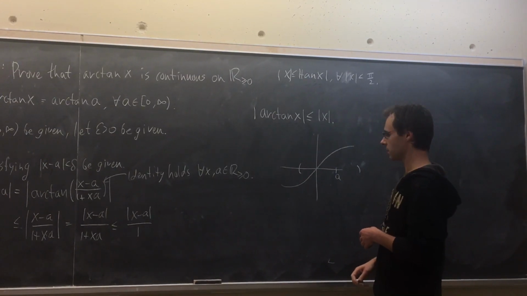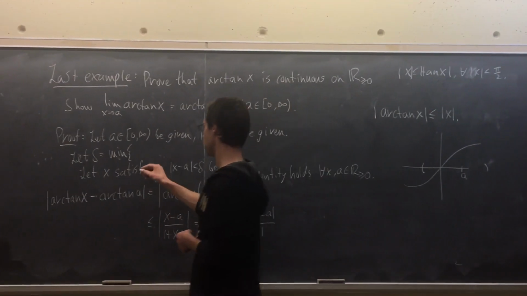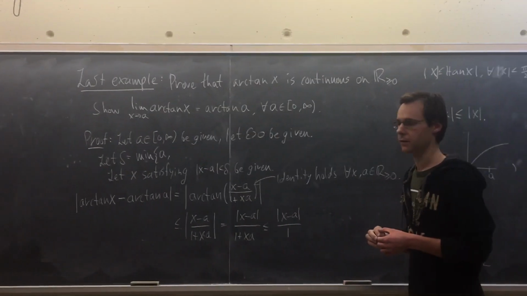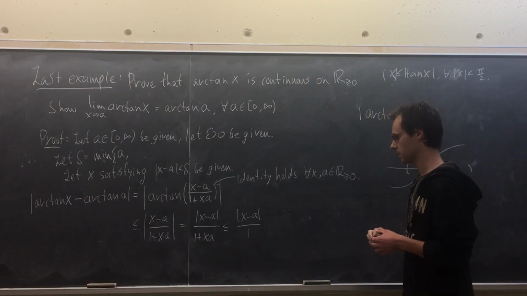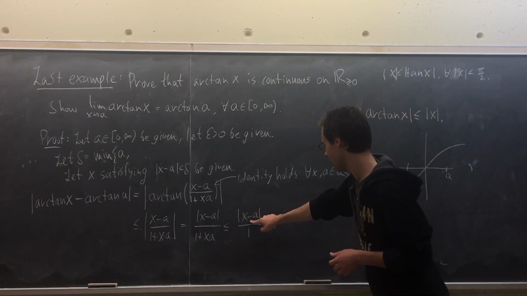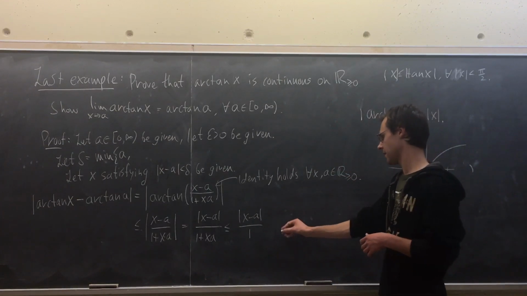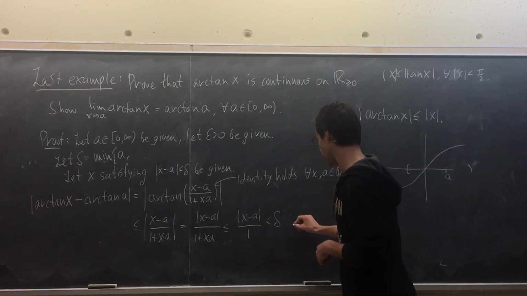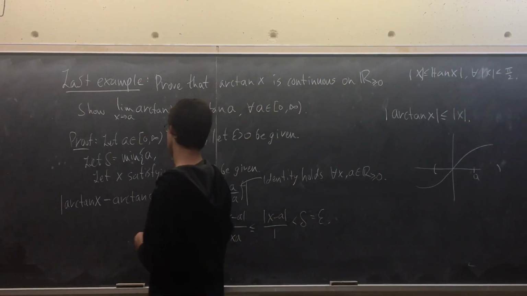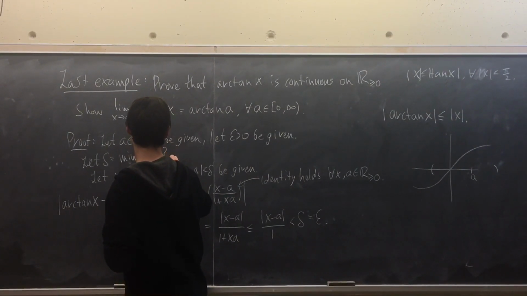Okay? We don't want that, so we make a restriction here. Delta equals min of a, and then we'll fill in whatever we need to fill in a moment. Okay? Actually, we're ready to do it right now. Because here we have |x minus a| over 1. We know that that's less than delta, and delta can just be set equal to epsilon. Okay? So delta is equal to the minimum of a and epsilon.